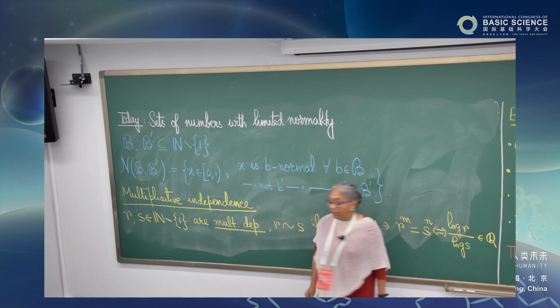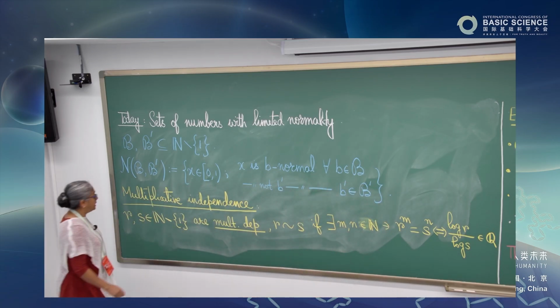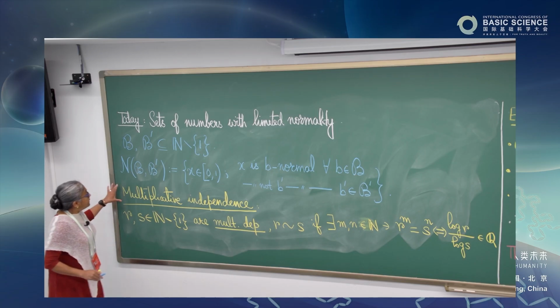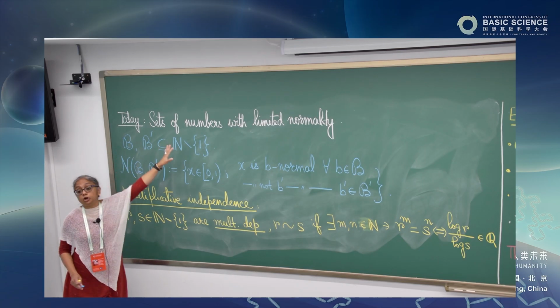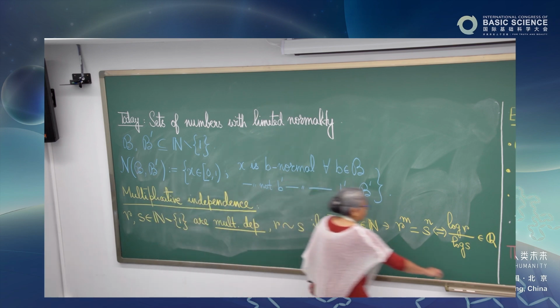Otherwise, they are said to be multiplicatively independent. This turns out to be, as in many other problems, a crucial role in the set of normal numbers with certain bases. And let me cite a few results in this direction.